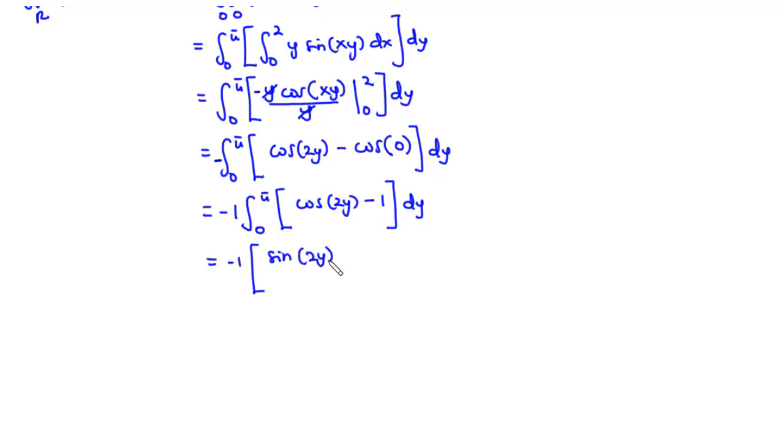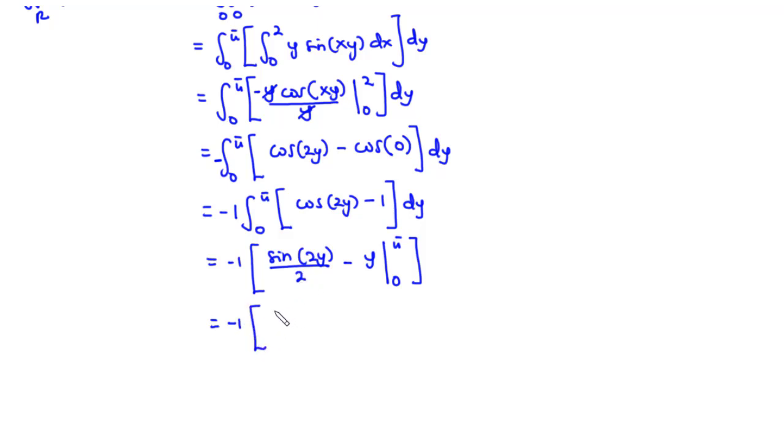We are going to repeat the inside function divided by, we are going to differentiate this function with respect to y, and that gives 2, so that appears at the denominator, minus, we integrate this with respect to y, and then we have y. Lower limit 0, upper limit pi. So this becomes negative 1 into bracket.